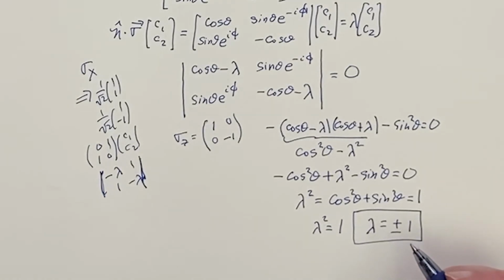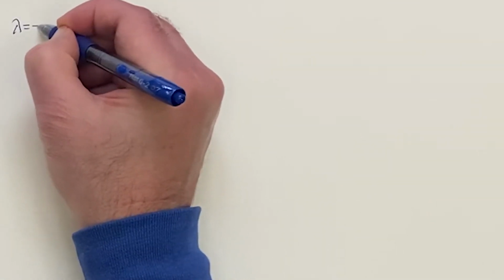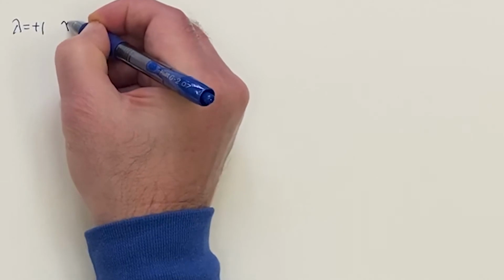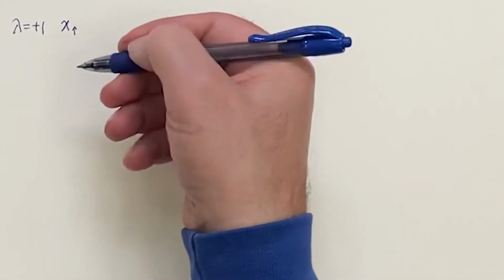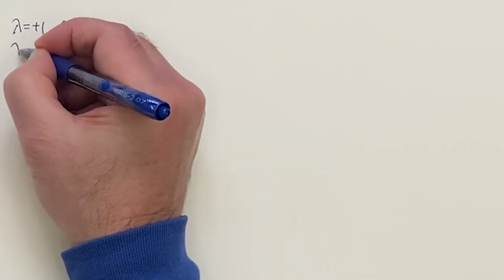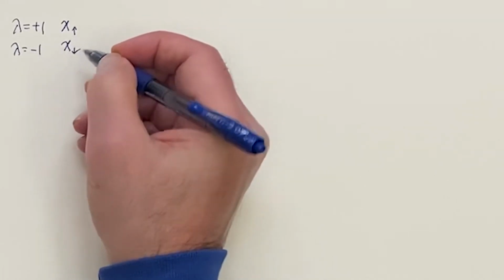Very nice. So now we want to find the eigenvectors in the general case. So the lambda, if it's plus 1, that's going to be the eigenvector. We'll call that the spin up for our new direction here in general. And when it's minus 1, we can call that some chi, spin down.